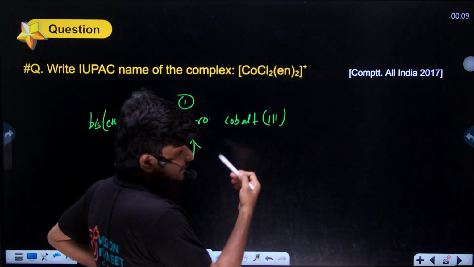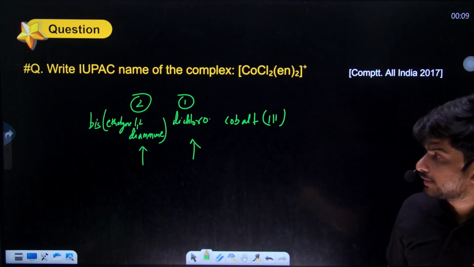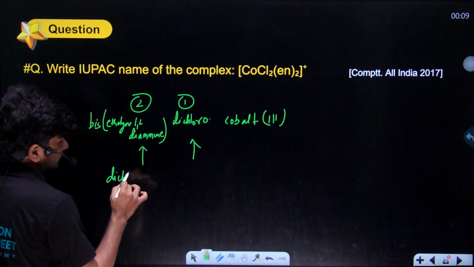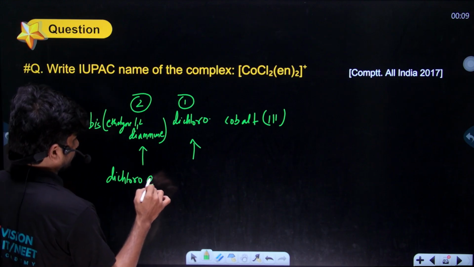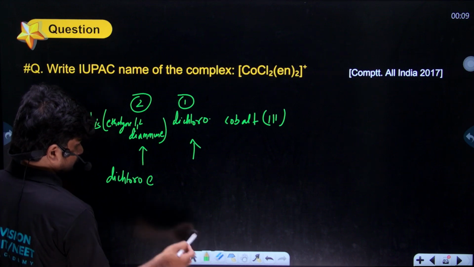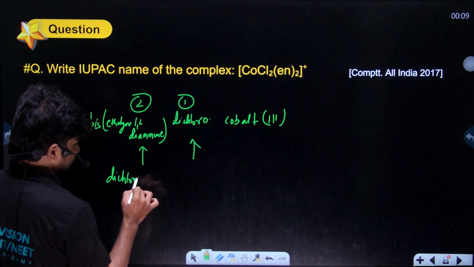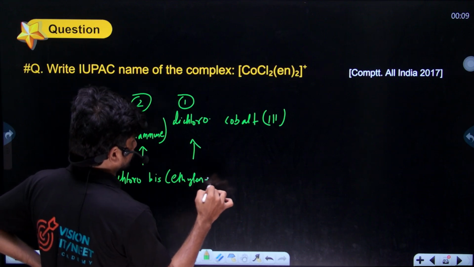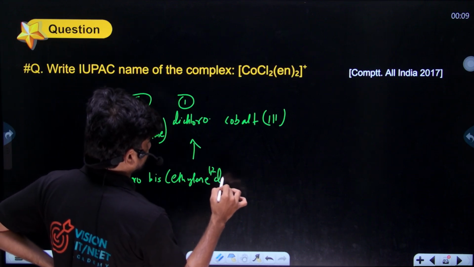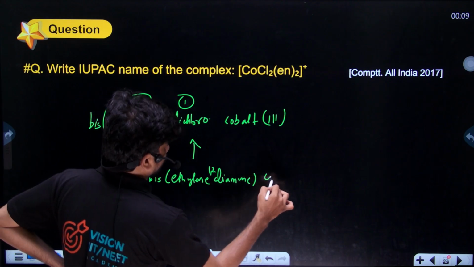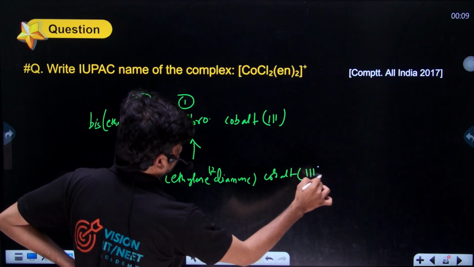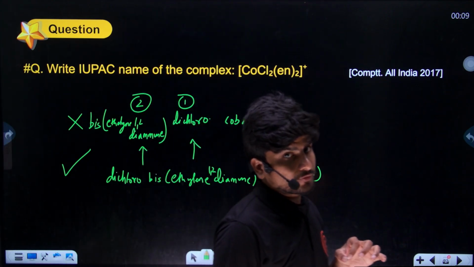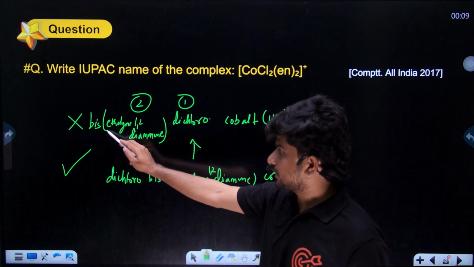So everyone will make this type of mistake. So what they will be thinking is, you will be writing dichloro, then you will be writing bis ethylene 1,2 diamine, right? You will be writing it as dichloro bis ethylene 1,2 diamine, cobalt 3. Which is correct? This is correct, this is wrong. Understood? Please be careful whether you are writing in alphabetical order or not. This is E. E comes after C.